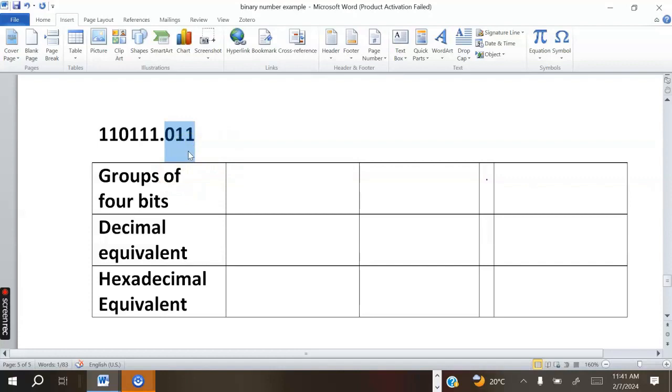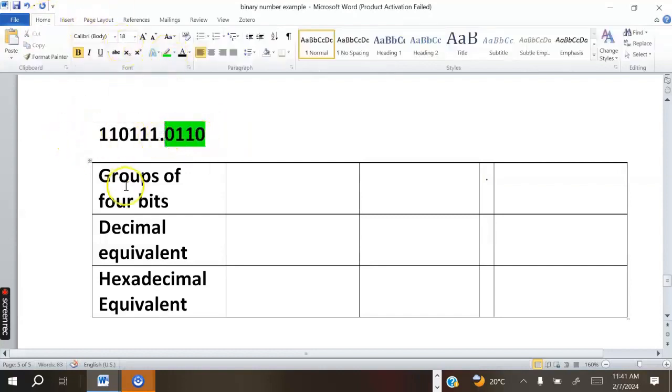So remember the rule: whenever you're dealing with the fractional part, if the bits are less than 4, you're supposed to add the number of bits that will make your group total 4. So for this one, we need 1 zero. And which side are we supposed to add? The rule is you add to the right when dealing with the fractional part, to total 4. So this is a group of 4.